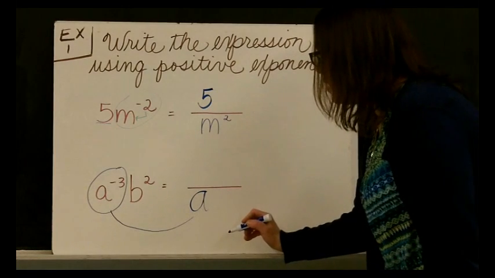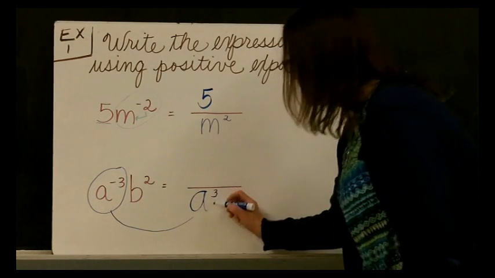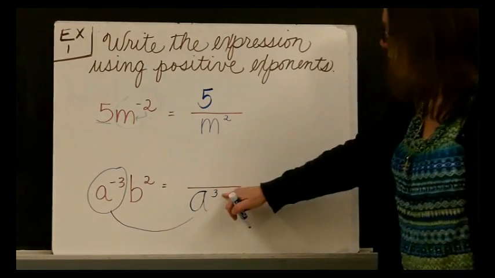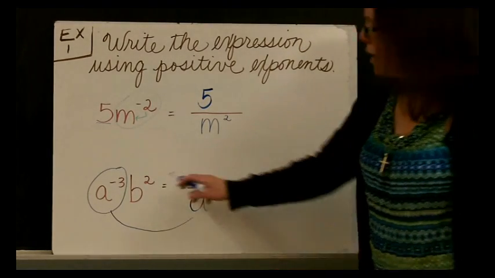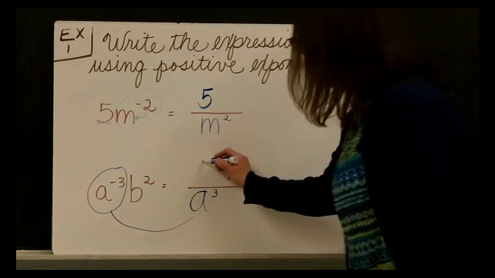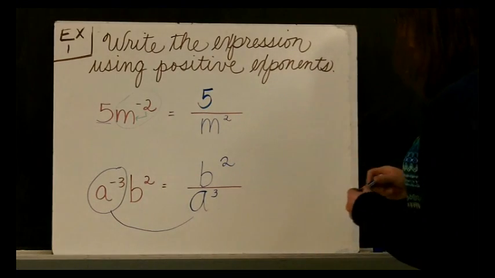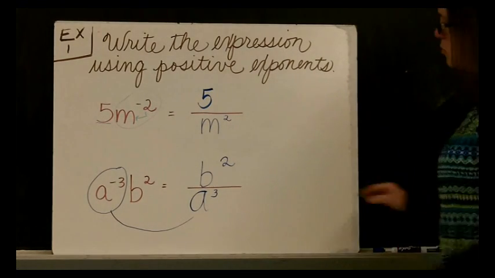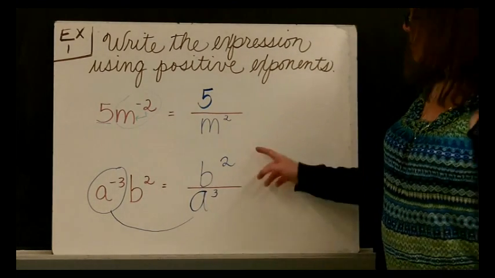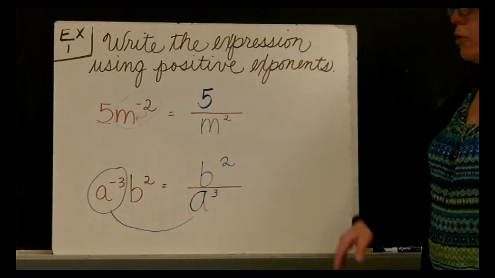So we have a, but this time the exponent will be written as a positive, so this negative 3 becomes a positive 3. And this b squared, because it's a positive exponent, gets put into the numerator. So a to the negative third times b squared becomes b squared divided by a to the third power.